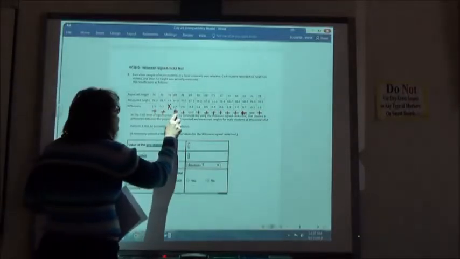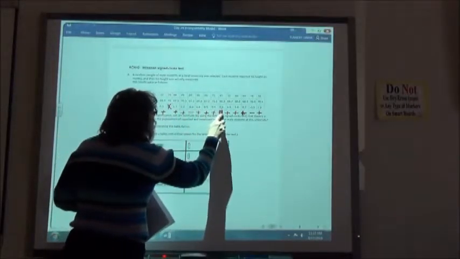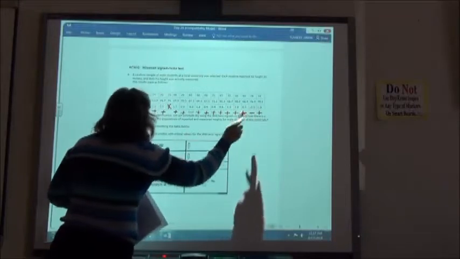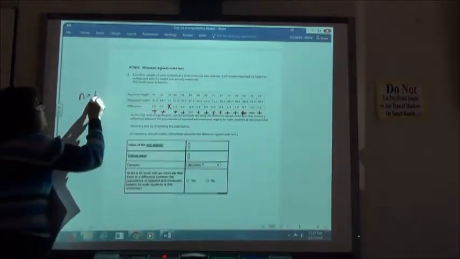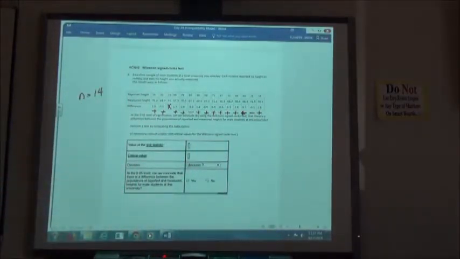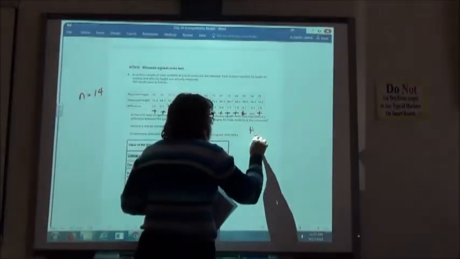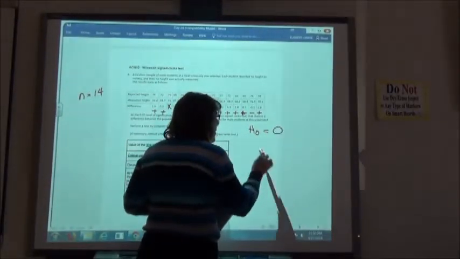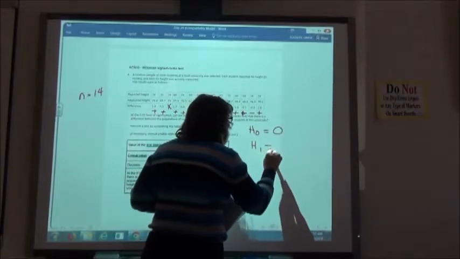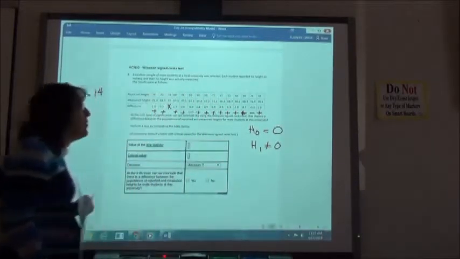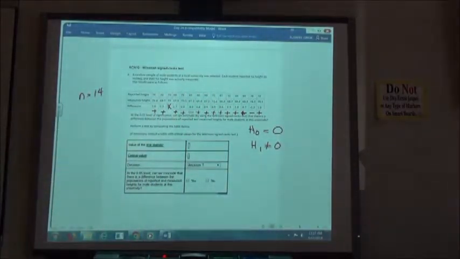So 1, 2, 3, 4, 5, 6, 7, 8, 9, 10, 11, 12, 13, 14. N is going to be 14 when I use my table. Again, on this one, we want to conclude, is there a difference? So my null is, is it equal to 0? My alternative, is it not equal to 0? If it was exactly equal to 0, there would not be any difference.